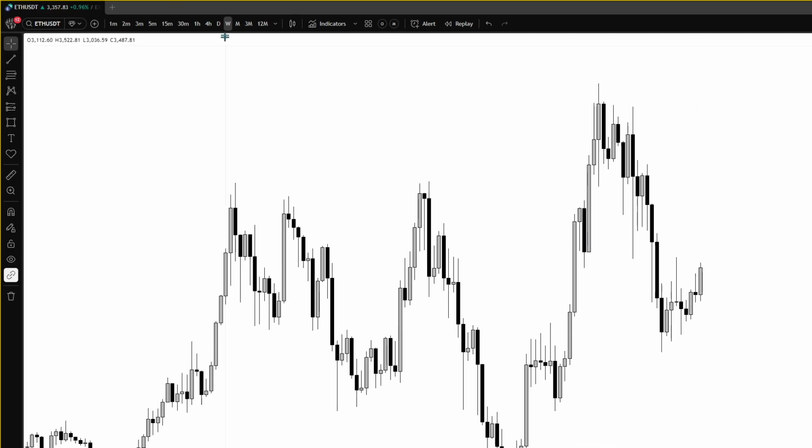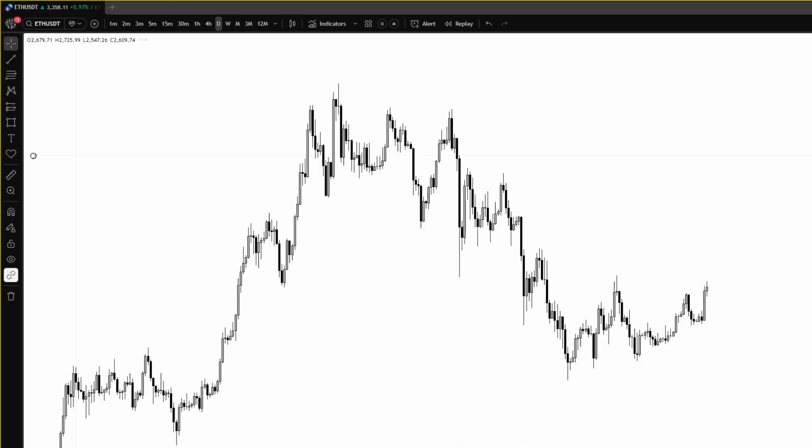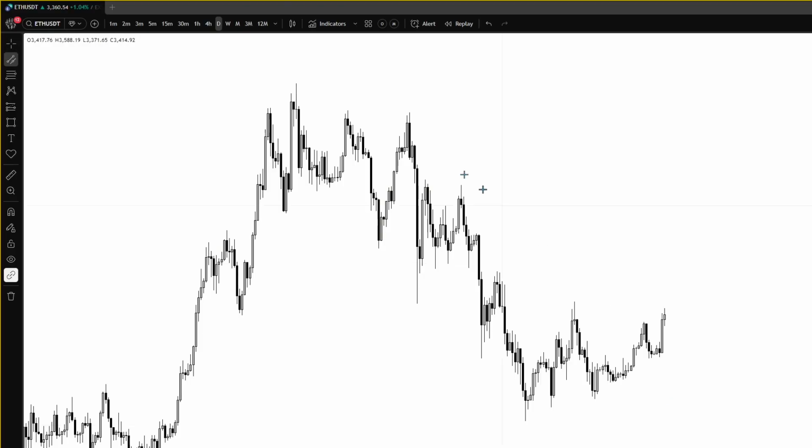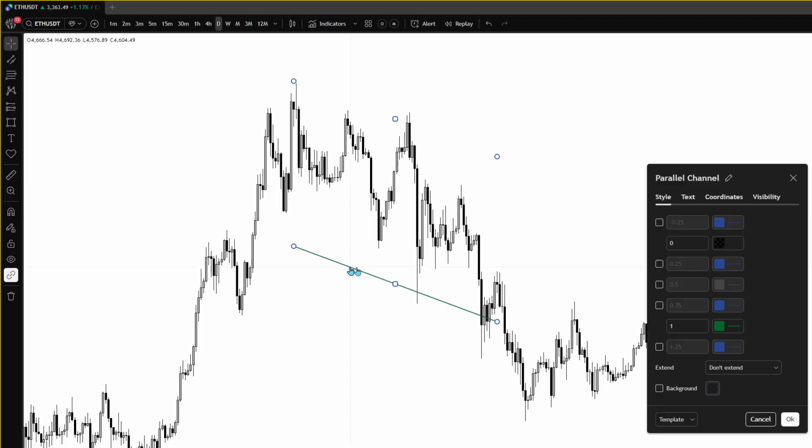One of the tricky things about accumulation is that it can be in the form of something like this. Whoa, why did it do that?